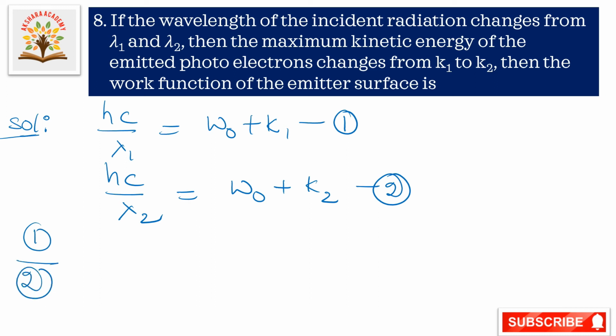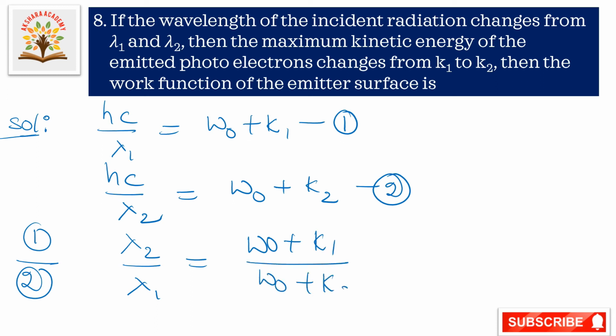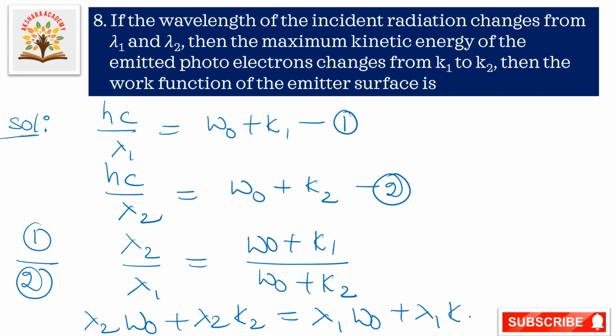Dividing equations 1 and 2, we get lambda 2 by lambda 1 is equal to work function W naught plus K1 by W naught plus K2. Now taking cross multiplication, we get lambda 2 W naught plus lambda 2 K2 is equal to lambda 1 W naught plus lambda 1 K1.